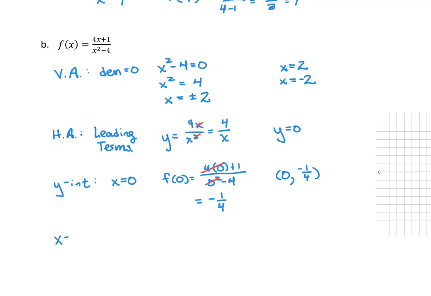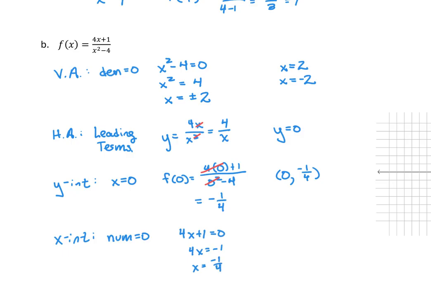And then finally, x-intercepts. We want to set y equal to 0, but that is the same thing as the numerator equal to 0. And so if we set our numerator equal to 0 and solve, we get 4x equals negative 1 and x equals negative 1/4.